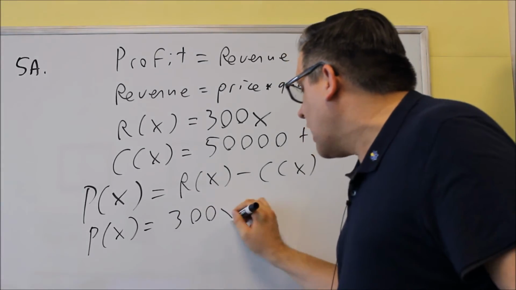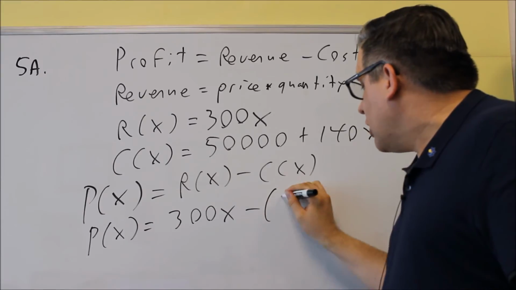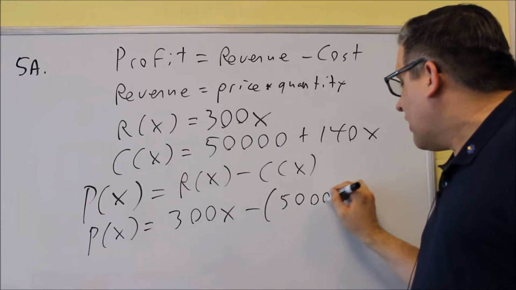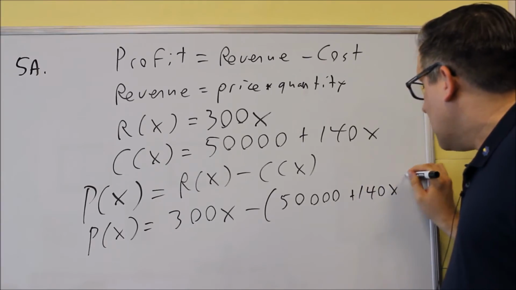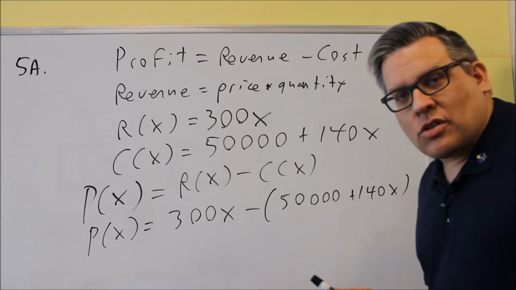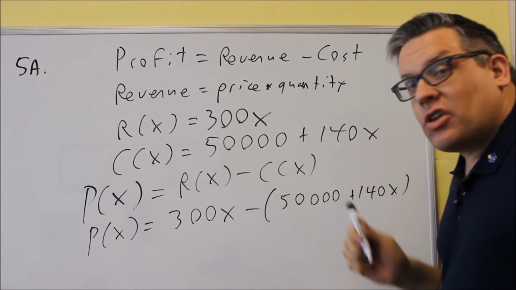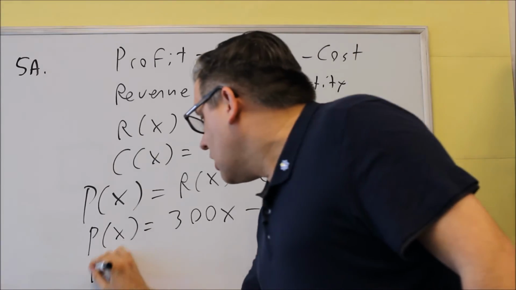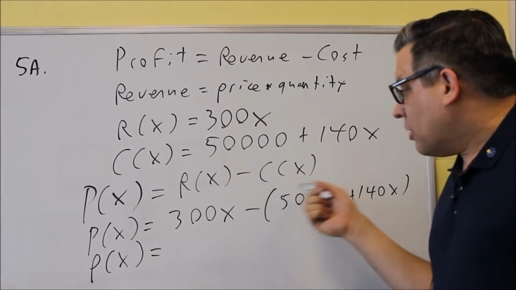We have 300x goes in for revenue, and then we have cost as this bottom one we did. Now what's important about this is you want to make sure you put this all in parentheses, because you're subtracting the entire equation. So this is the most important thing with this problem, is making sure you distribute the negative, because otherwise you may have all that set up correctly, but then you might have a wrong sign.